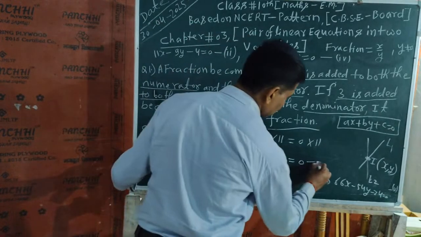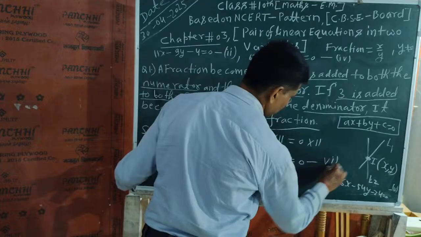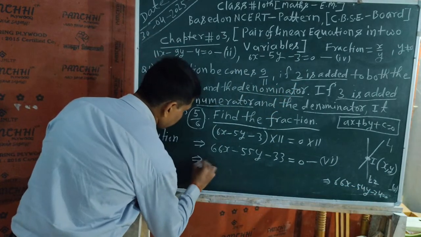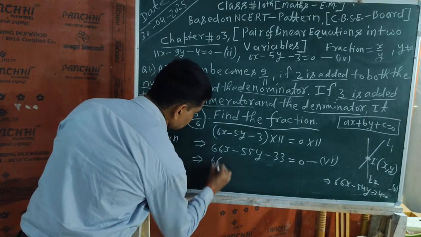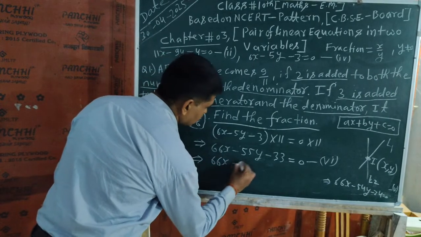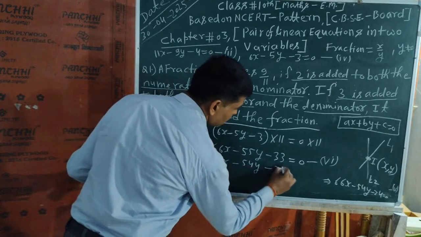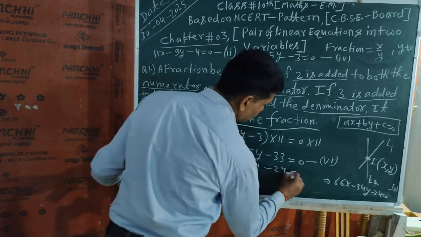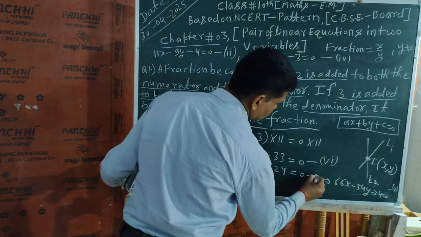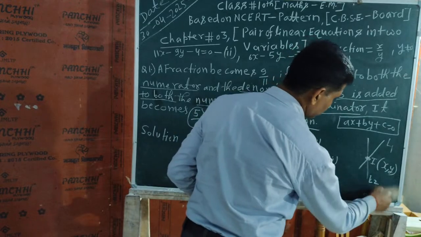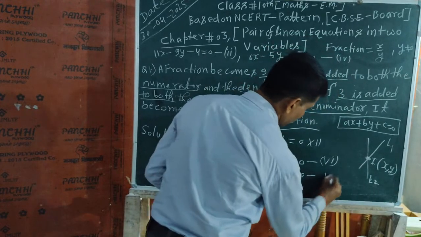I will say this is equation number 6, because equation number 4 I wrote. Equation number 5 is 66x minus 54y minus 24, which is equal to 0, already written there. Okay, students.